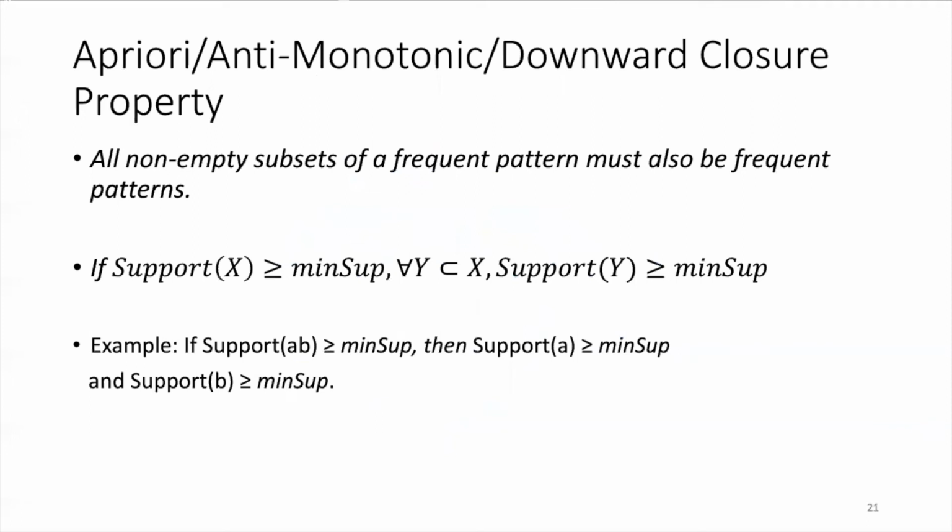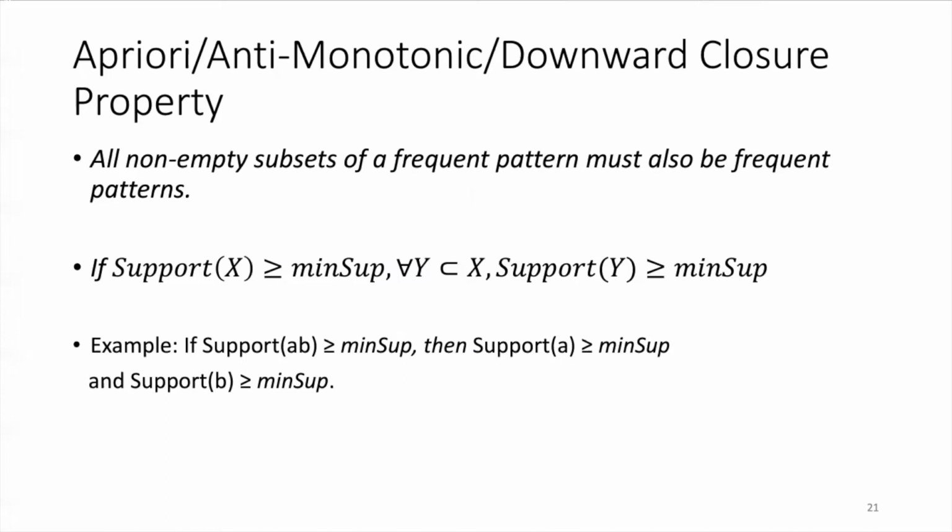To make pattern mining practicable, we use one important property for reducing the search space. That property is called a priori property or anti-monotonic property or downward closure property. Please note that in the literature, people use these three terms interchangeably. So please keep that in mind.